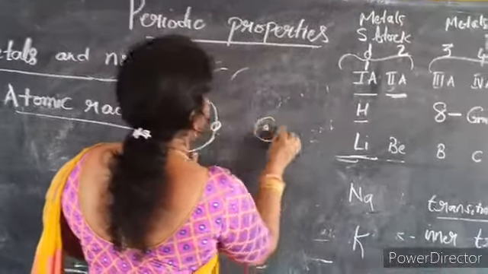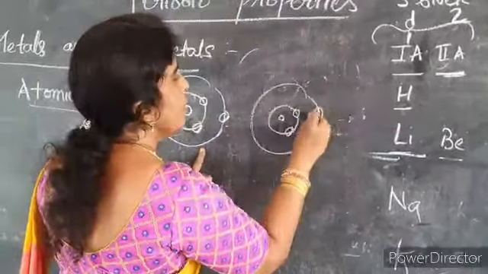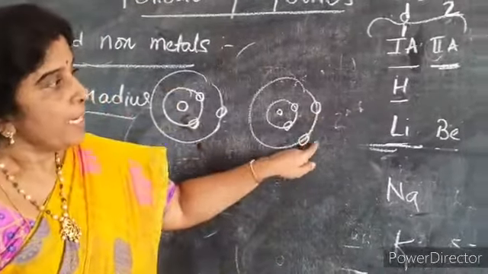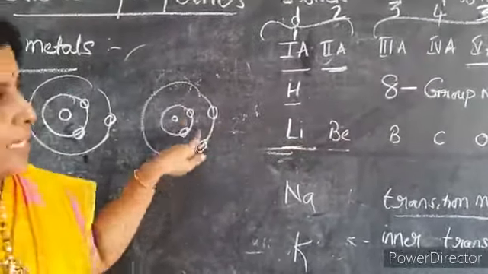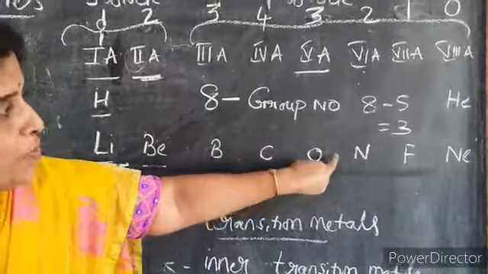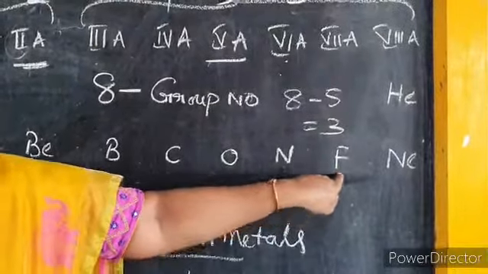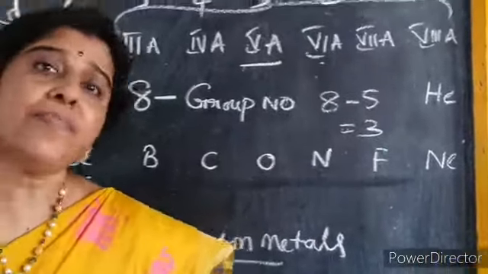Whereas, in case of beryllium, you have 2 electrons in the second shell. In case of boron, we have 3 electrons in the second shell. In case of carbon, 4. In case of oxygen, 5. In case of nitrogen, 6. In case of fluorine, 7. And in case of neon, you have a total of 8 electrons in the second shell.